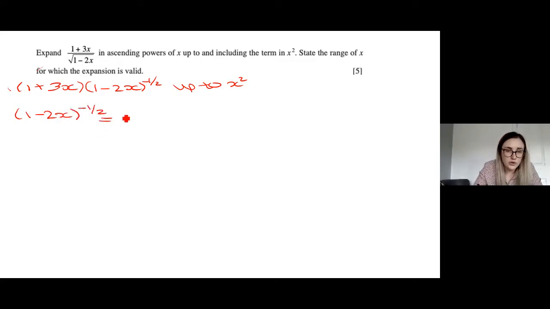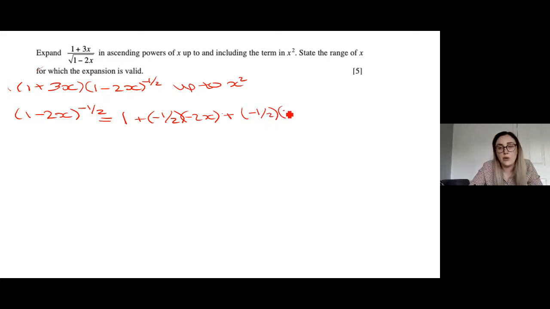So my first term is always going to be 1, and then I've got plus. So my n in this example is going to be minus a half, and then I've got minus 2x. And then my next term, I've got minus a half.